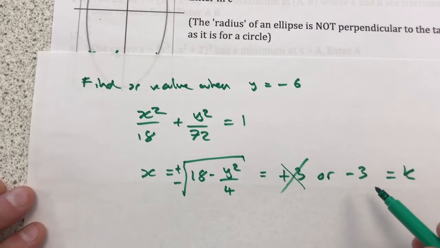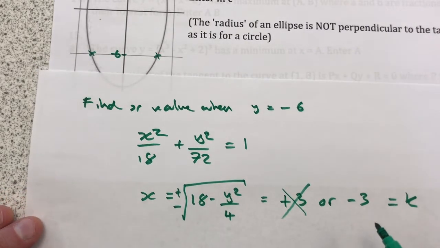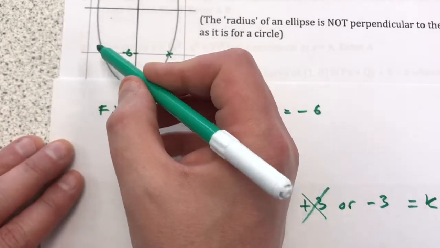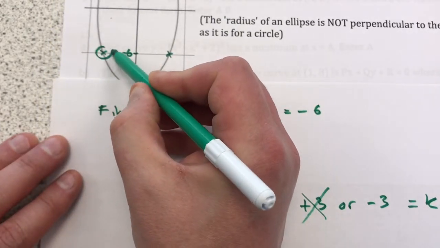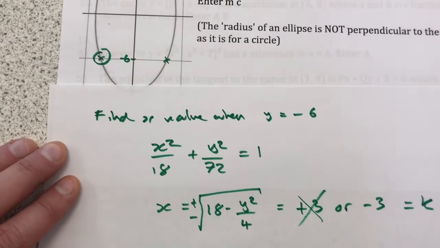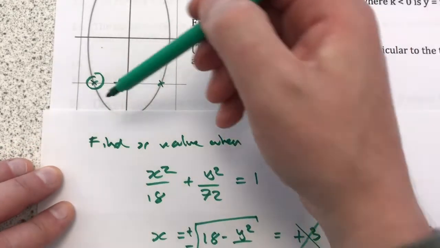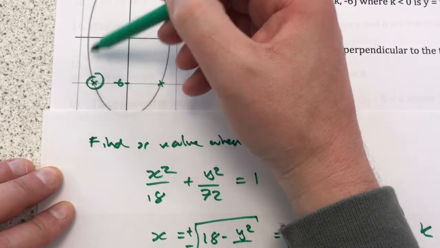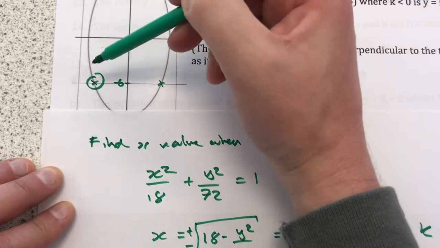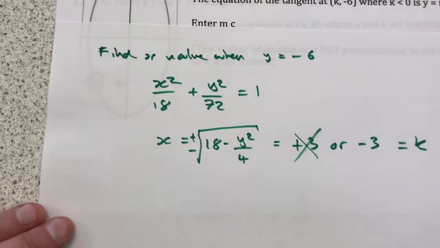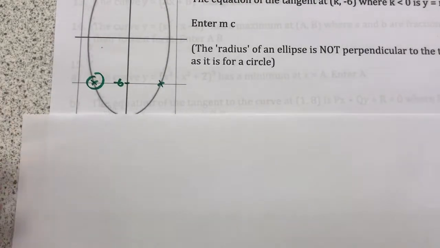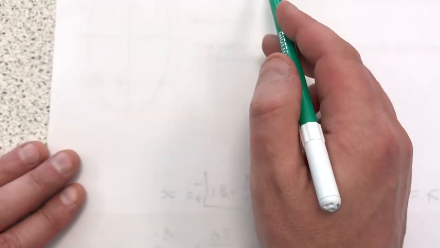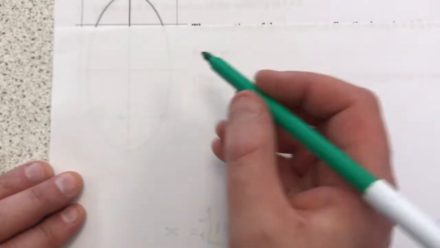The next job we have is that we're looking at this point here, and we now need to work out the gradient of this elliptical line at that particular point. So in order to achieve that, we're going to have to differentiate this expression, dy by dx.